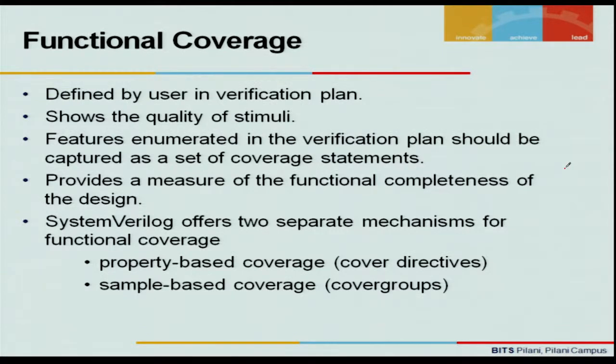How do I make sure that the test case I have created for that feature and run on the RTL is actually for that particular feature? For that we use functional coverage. It shows the quality of stimuli. Whatever stimuli you have created, it is either good, or bad, or medium, it is either not exercising everything or it is exercising everything. To know that, we create functional coverage.